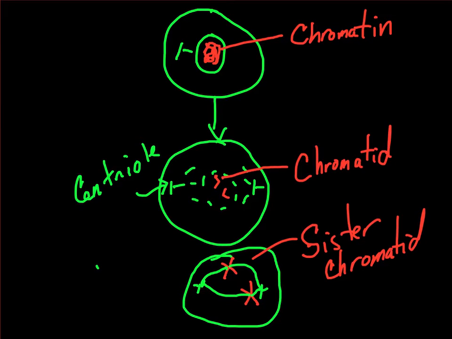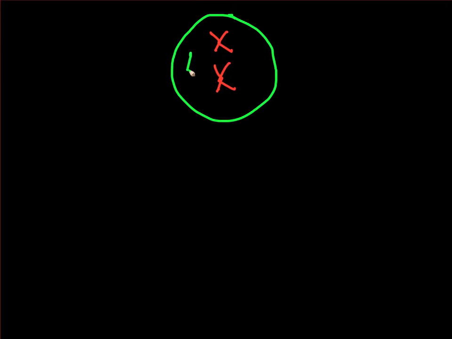This is going to bring us to the next phase, where when the centrioles are pulling, the genetic material now will be lined up down the middle of the cell, and we call that metaphase. So here they are, they're pulling. Think of it like a tug of war. They're pulling, and they're lined up down the middle. This is metaphase.